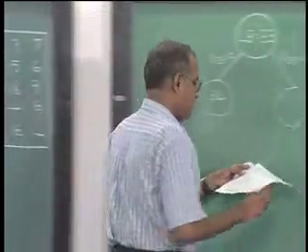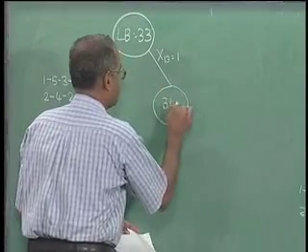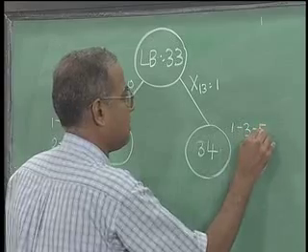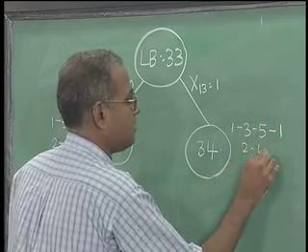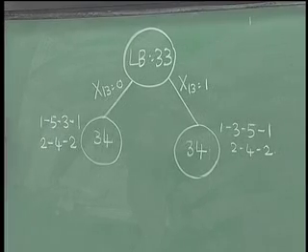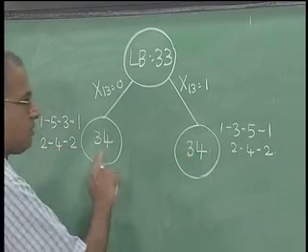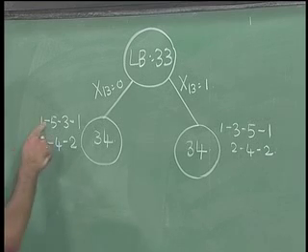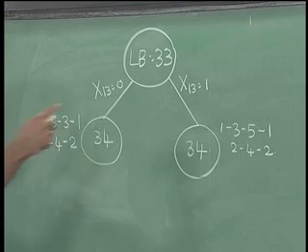In which case we also get a lower bound equal to 34, but we get 1 3 5 1 and 2 4 2. One can easily observe that these two solutions are one and the same with respect to the TSP, because 1 5 3 1 is the same as 1 3 5 1 and so on.